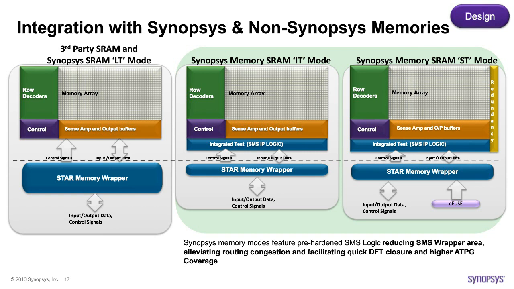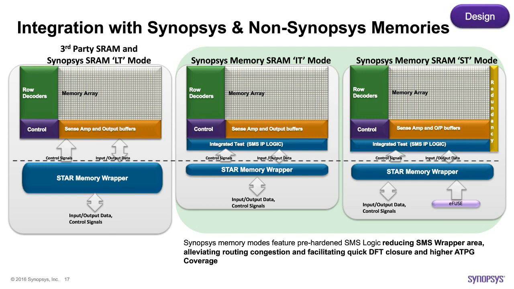Here you see three types of memories. The one on the left-hand side is a pure memory without any testability or repairability incorporated in it, whereas the ones in the middle and right-hand side are the IT and ST modes of our SRAMs that have absorbed in them certain functionalities of the STAR Memory System.